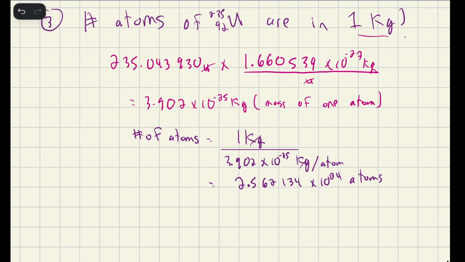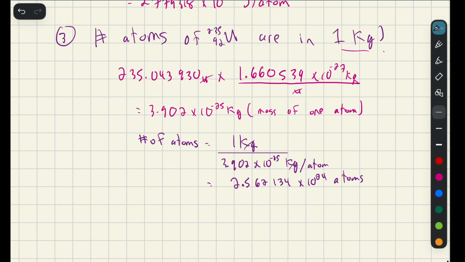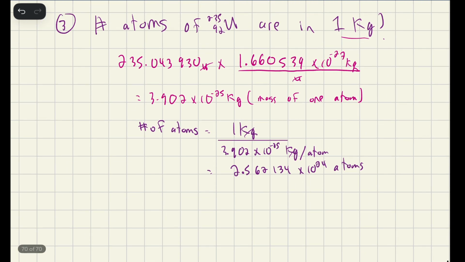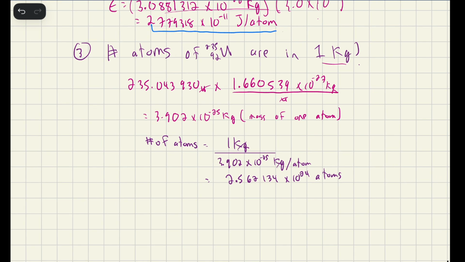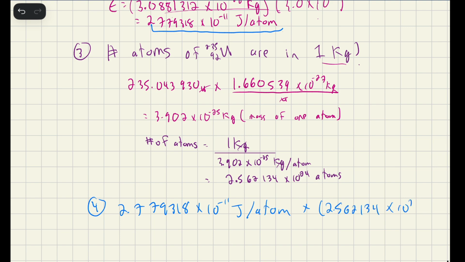So now that we've got the total number of atoms, and we know the joules per atom, we can just multiply 2.779318 times 10 to the negative 11 joules per atom by 2.562134 times 10 to the 24 atoms.